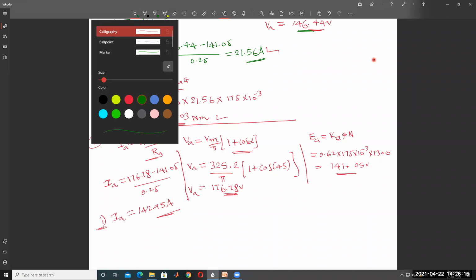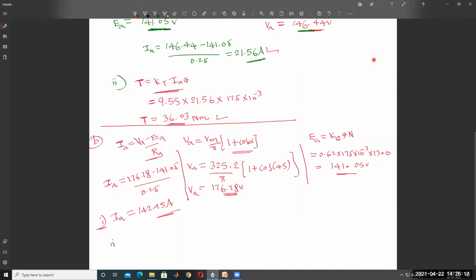Similarly, find the second expression, that is torque. Torque is equal to KT into IA into phi. That is equal to motor constant 9.55, IA 142.95, and flux 175 milliwebers, 10 to the power of minus 3.